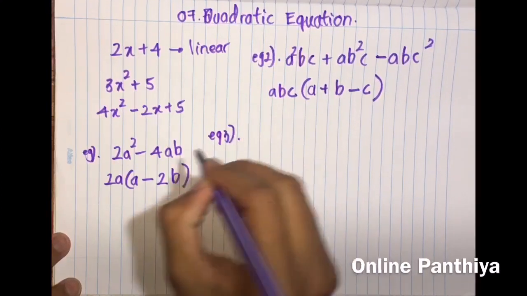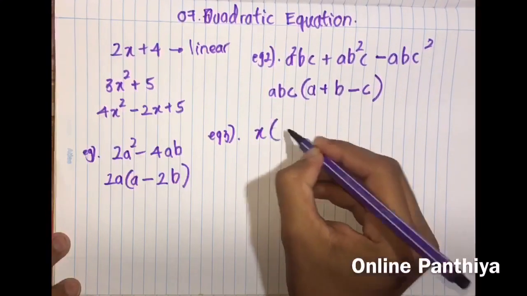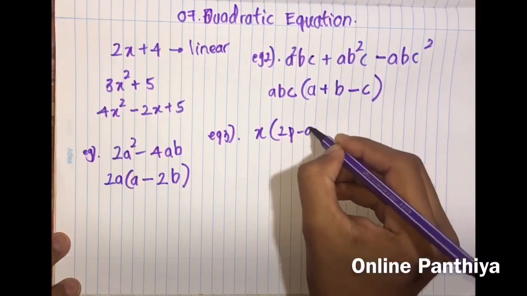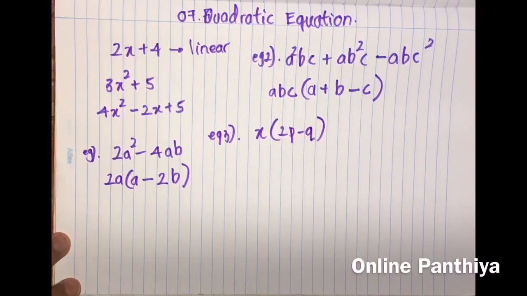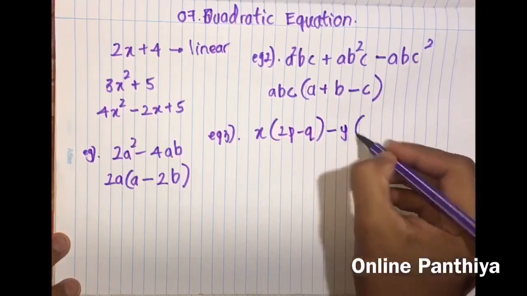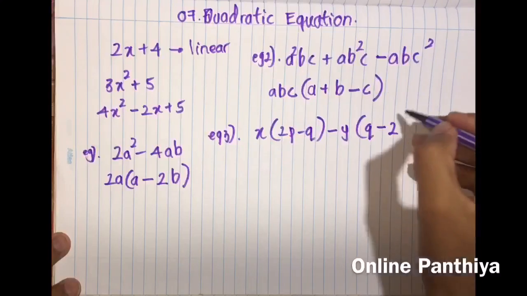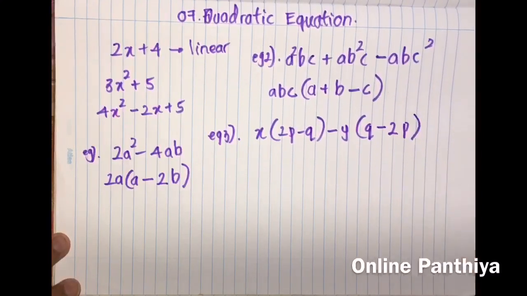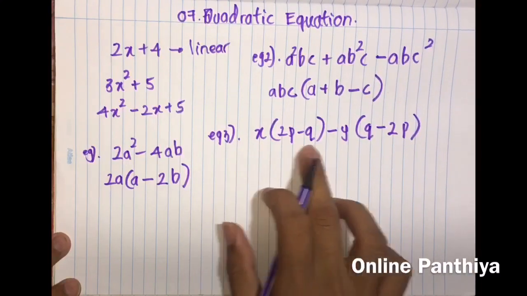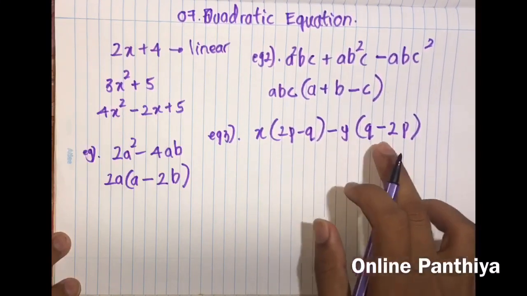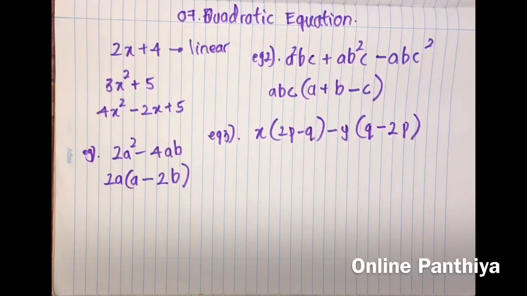Example number 3. Let us check if you are okay with signs. This is x, okay, minus y, and also q minus 2p. Now look here, this is one term. From that you have to subtract y into q minus 2p. Understand?